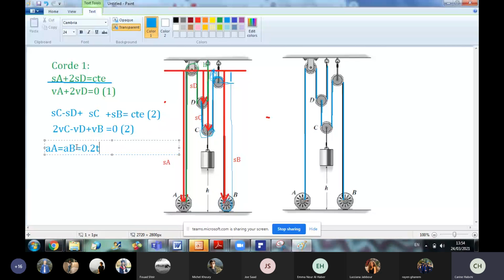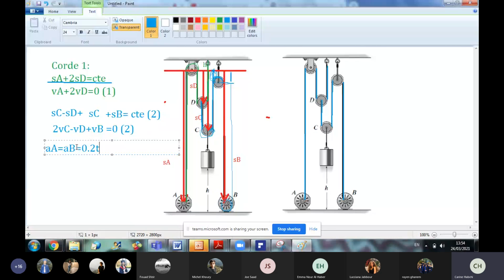Then you can find, by eliminating between the two, because delta SA is equal to delta SB, you can replace delta SA from the first equation by minus 2 delta SD.